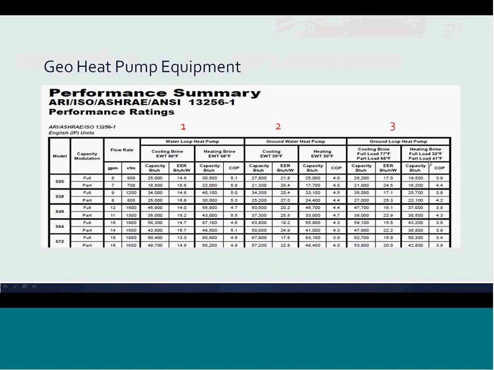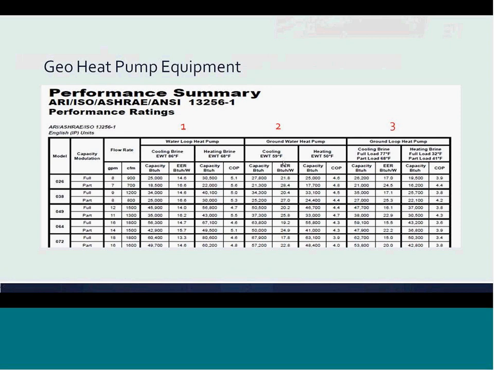This third column here, ground loop heat pump, that's closed loop geothermal heat pump connection. Note that the entering water temperatures and flow rates vary for each test condition, and so you need to be very careful to note that when you're doing your engineering calculations.